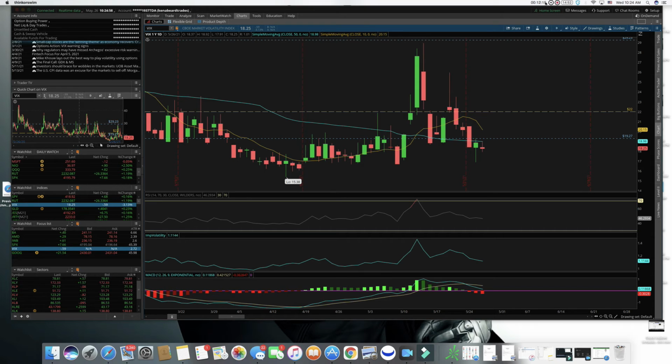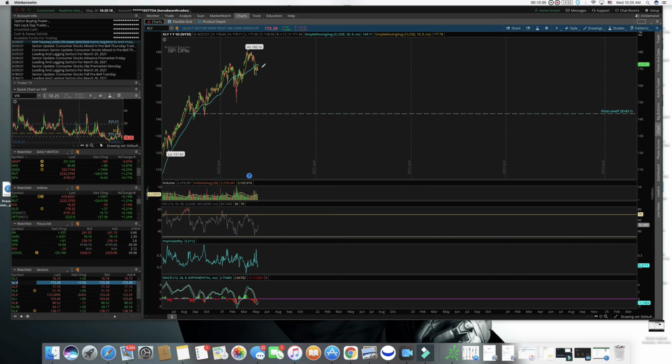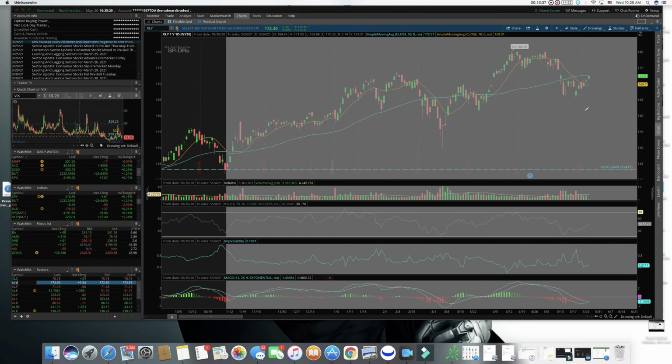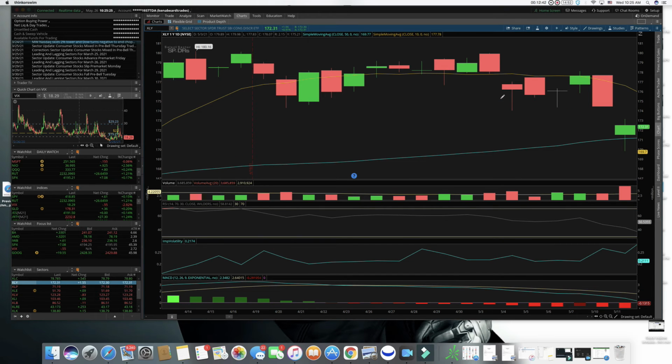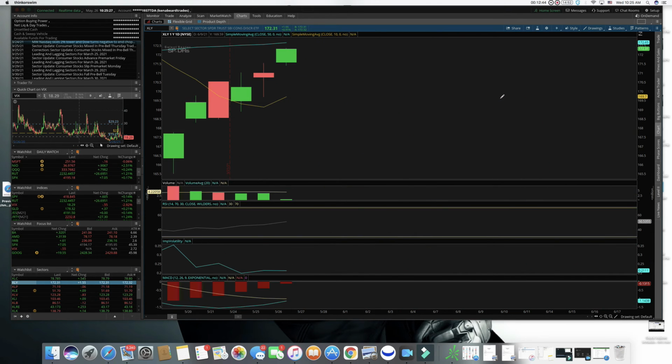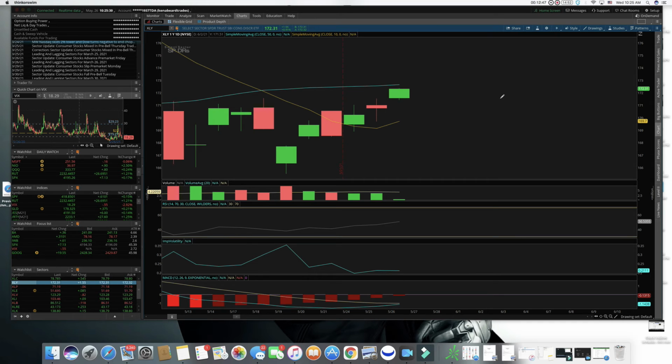But as far as sector rotation goes here, yesterday I forgot which sectors were leading, but I know today we're seeing some nice gains in XLY. XLY is looking pretty strong today, which is consumer discretionary. Consumer discretionary getting pretty pumped up here.